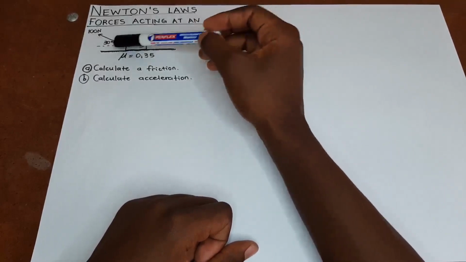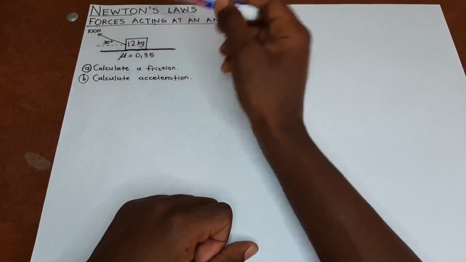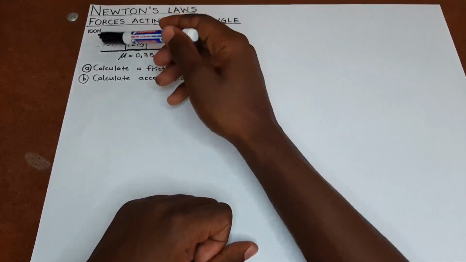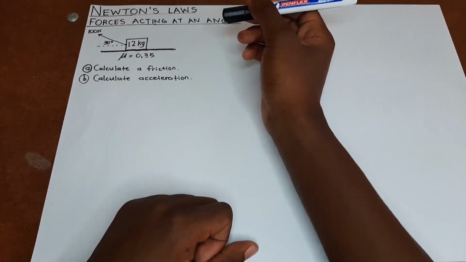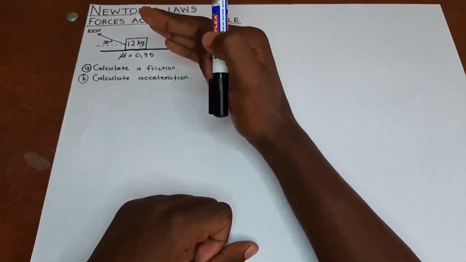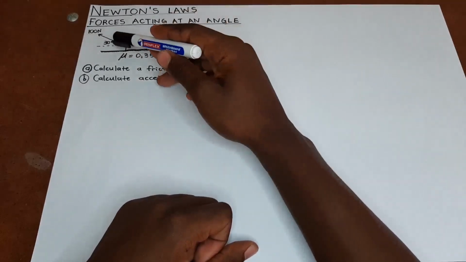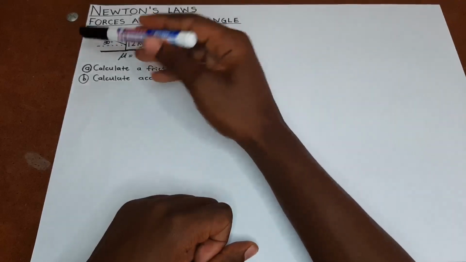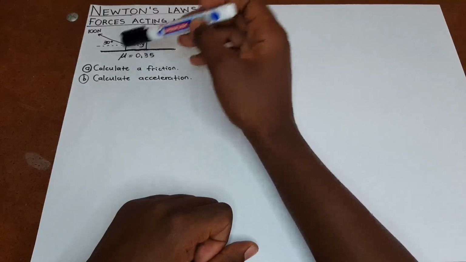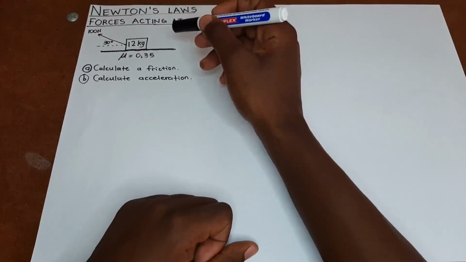The 12 kg block is being pulled by 100 newtons, and that has resulted in a 30 degrees angle. So that 100 newtons force is acting at an angle of 30 degrees from our horizontal. Our coefficient of kinetic friction is equal to 0.35.